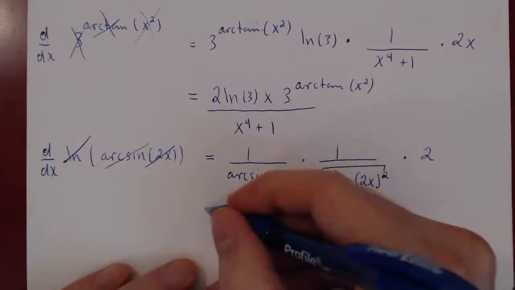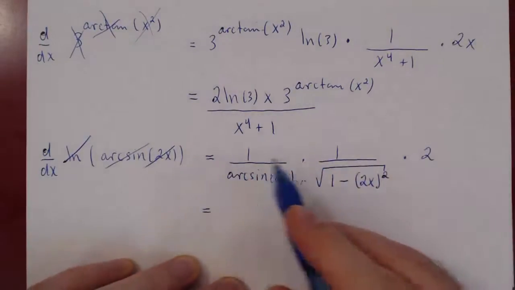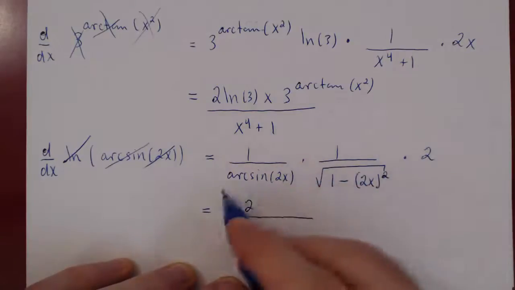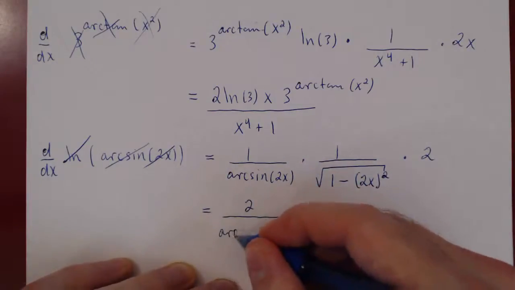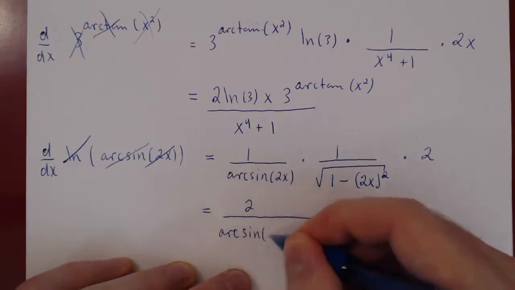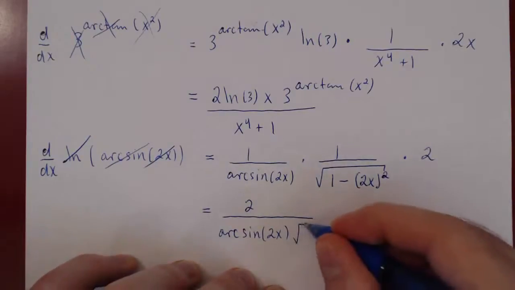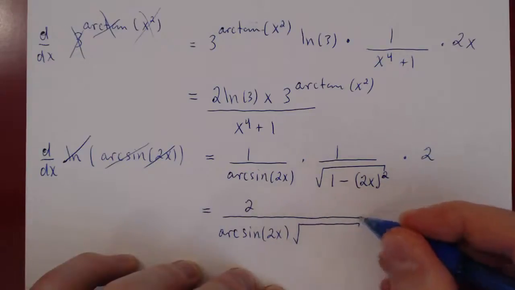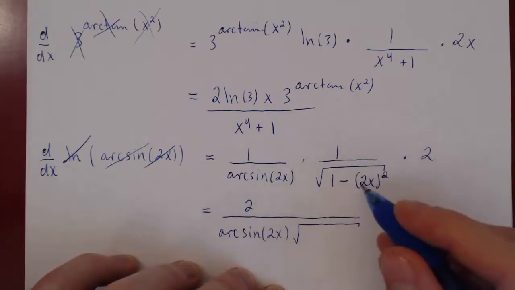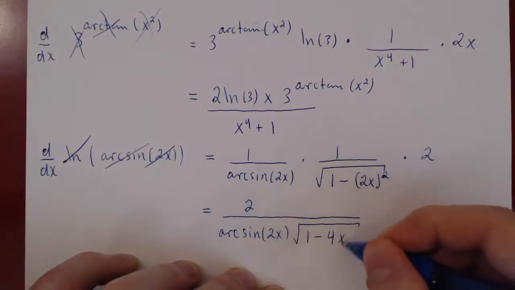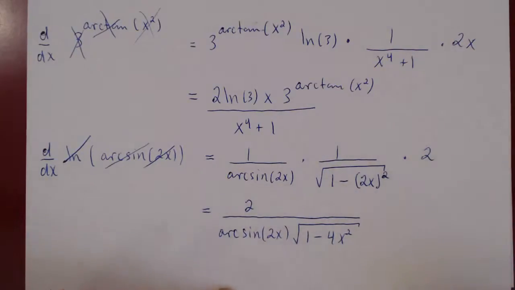Let's simplify a little bit. On top we have a 2 over arcsine of 2x times the root of 1 minus, and if you square this you'll get 4x squared. And there you have it.